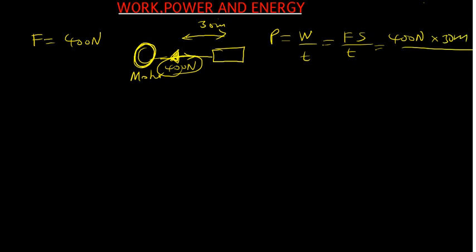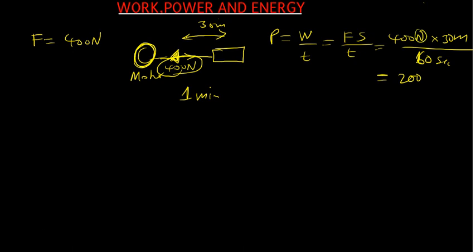Let's say we want to calculate the power supplied in 1 minute. So we need to convert this to seconds, and we know that in 1 minute there are 60 seconds, so we're going to use 60 seconds. That will give us 400 times 30 divided by 60, which will give us 200.